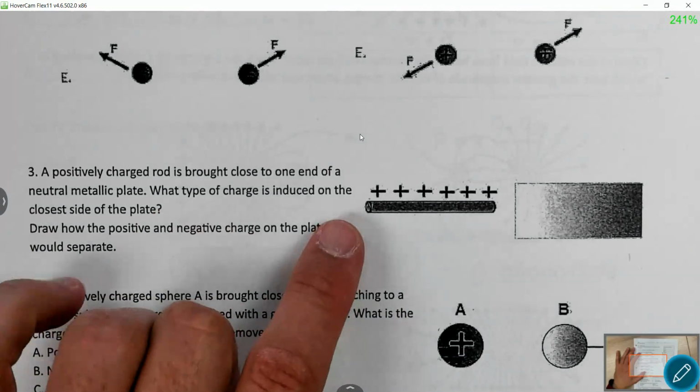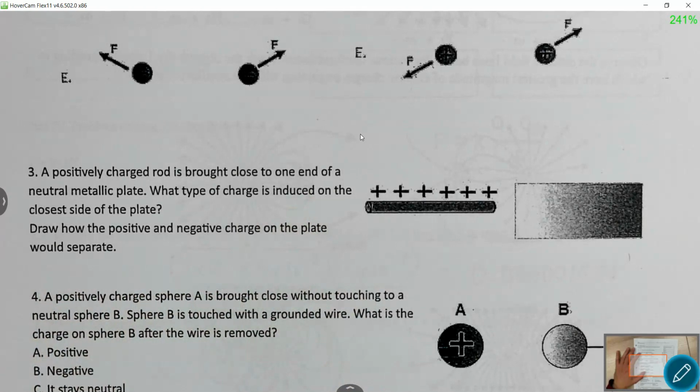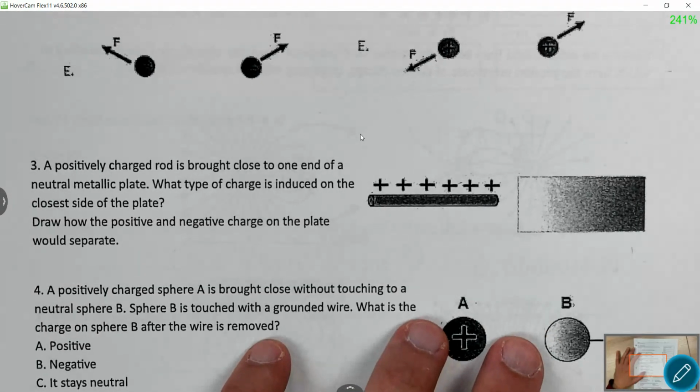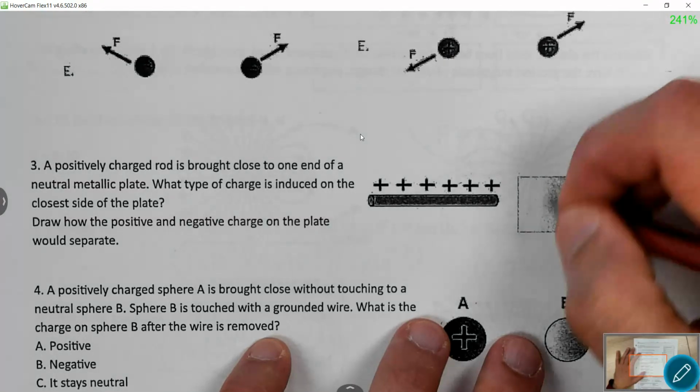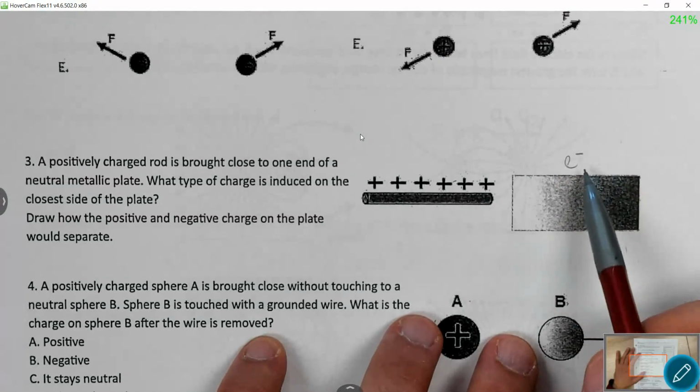A positively charged rod is brought close to one end of a neutral metallic plate. Okay, what type of charge is induced on the closest side of the plate? So right now, this thing is neutral, so there's even amounts of protons and electrons. How are the electrons going to want to move? How is the negative charge on this going to want to move?